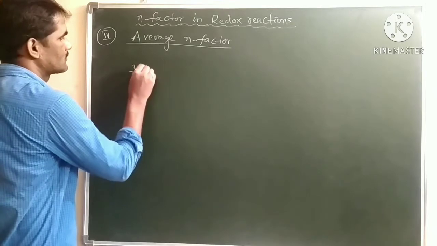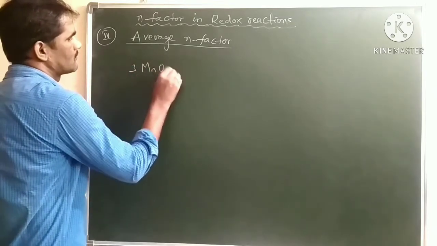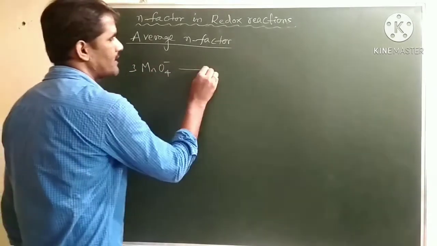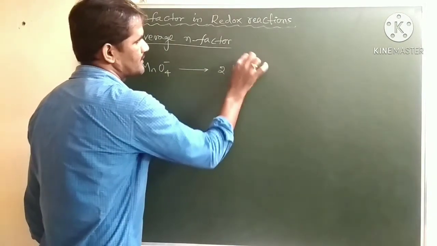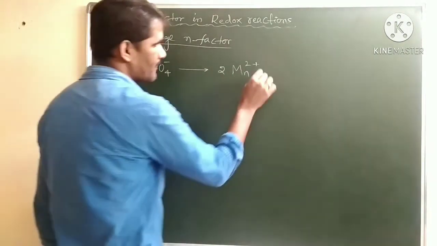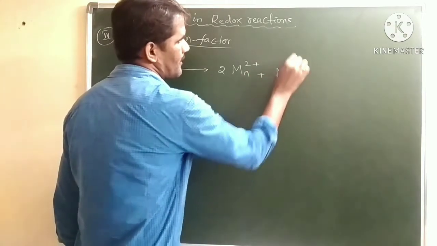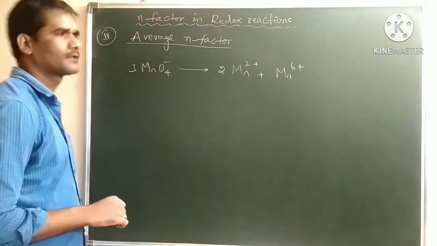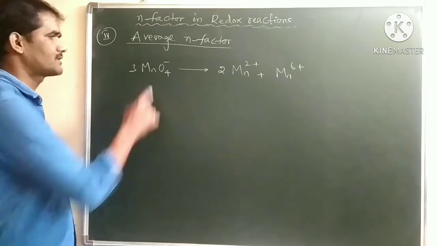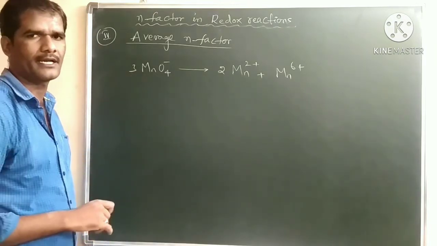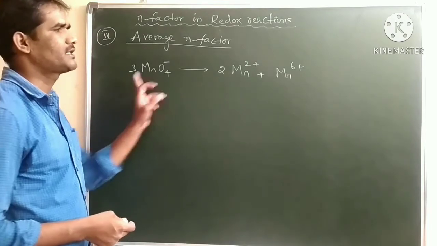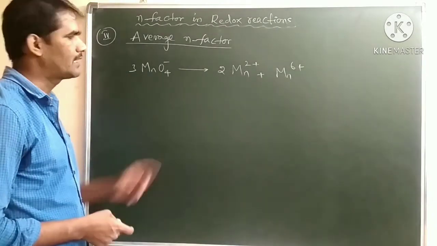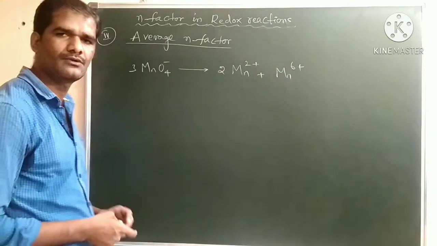Here MnO4 minus is giving 2 Mn2+ and Mn6+. So in this case, what is the average N factor, the N factor of the permanganate ion? Here out of 3 permanganates, 2 are changing their oxidation state to +2 and 1 is changing its oxidation state to +6.